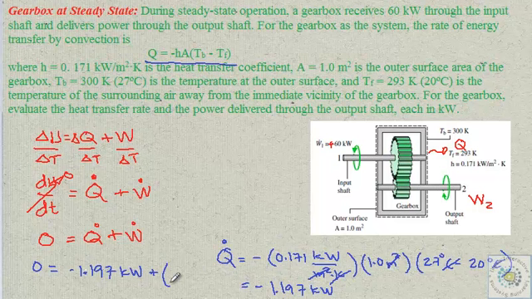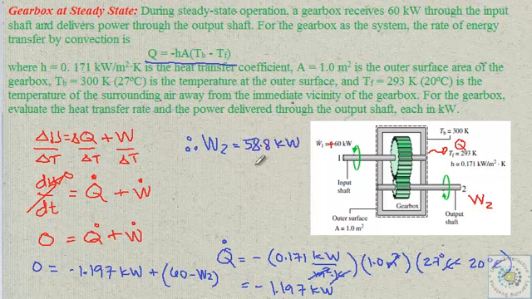The added one is 60 kilowatts, so we'll have plus 60. Then, since work is being done by the system to the surrounding, let me put the negative for that, minus W2, and therefore W2 will then be equal to approximately 58.8 kilowatts.